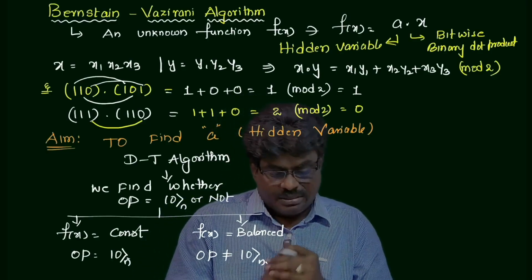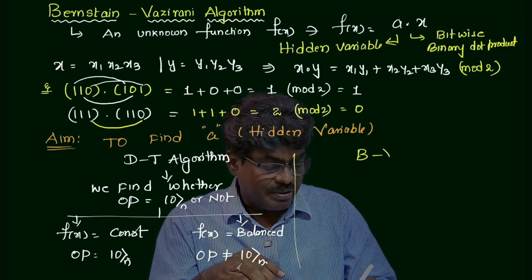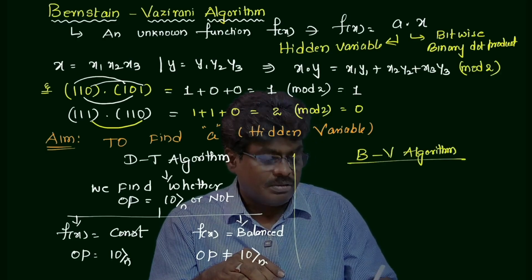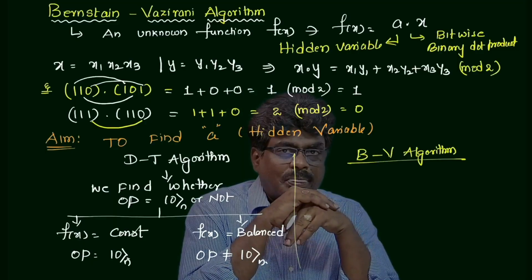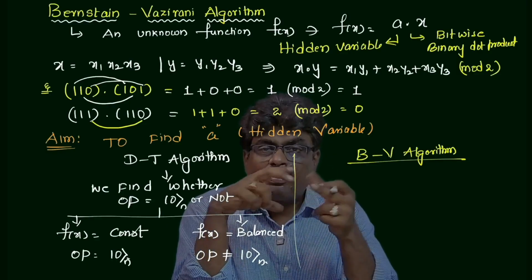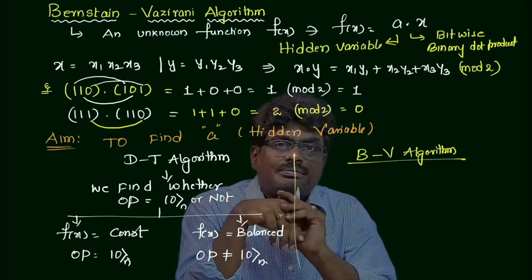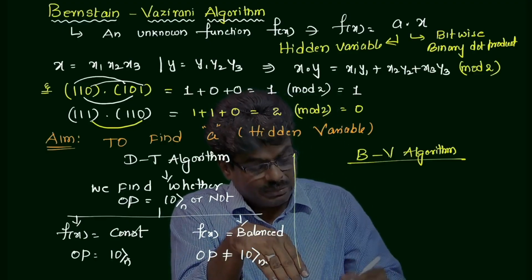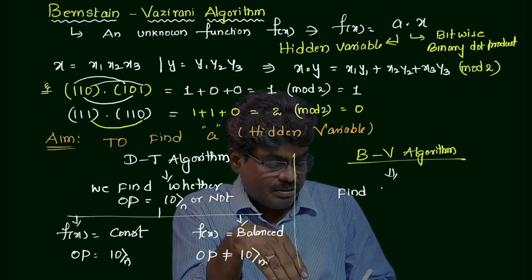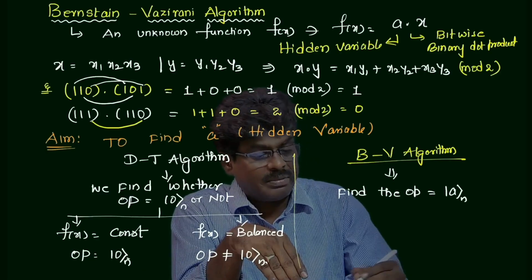Okay, right. So now in this algorithm, that is the Bernstein-Vazirani algorithm, what is the specialty of this algorithm? There we check only whether the output is 0 or not. Here we are getting finally the output equal to a, the hidden variable.